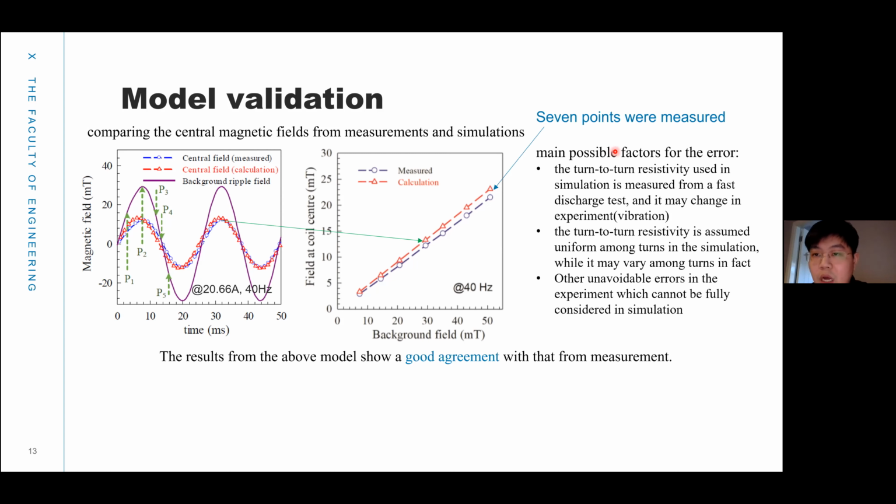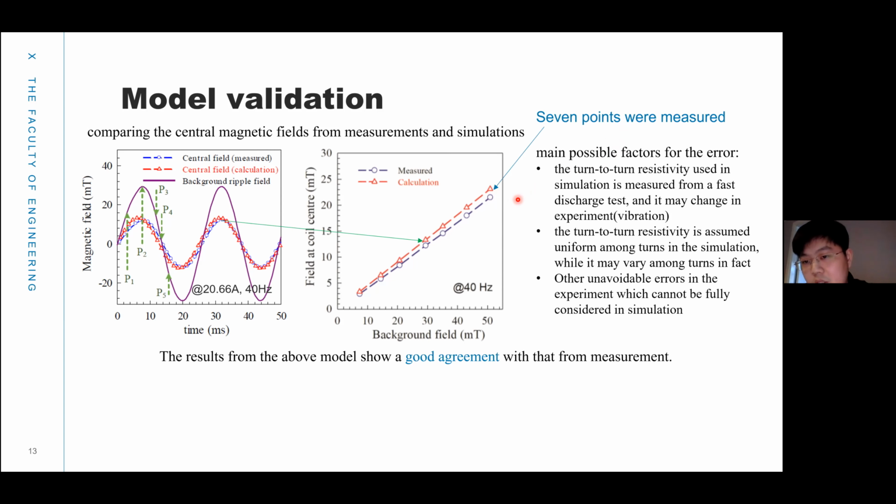And we have measured 7 background fields, and the main possible factor for the error will be that the turn-to-turn resistivity is taken from a fast discharge test. It may change in the experiment. We put the coil inside the liquid nitrogen, take it out, and put it in again. It may in fact change the turn-to-turn resistivity.